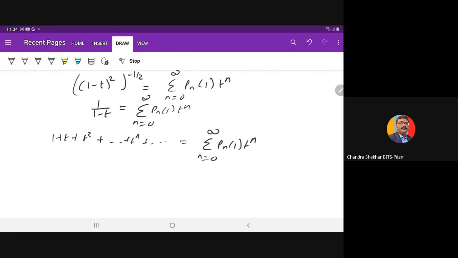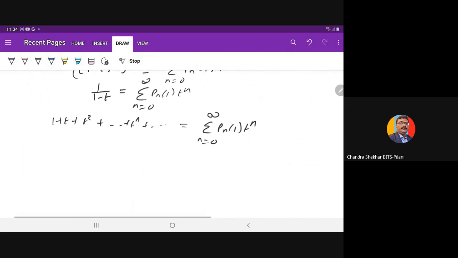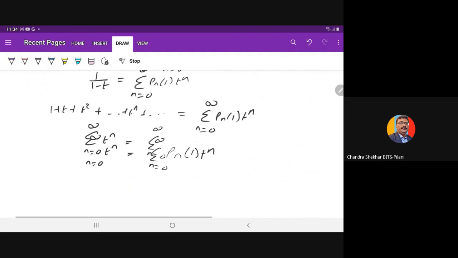Clear? Now what is the left hand side? It is the summation of t to power n, n is equal to 0 to infinity, and on the right, summation n is equal to 0 to infinity Pn(1) t to power n.